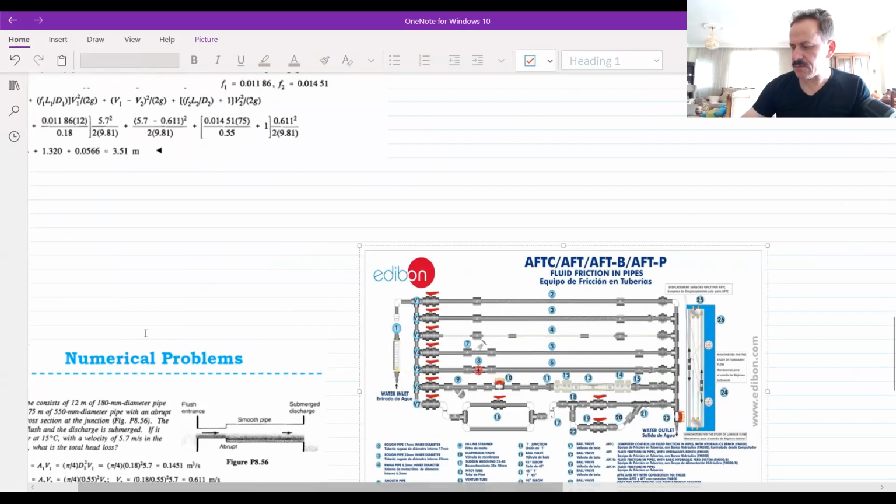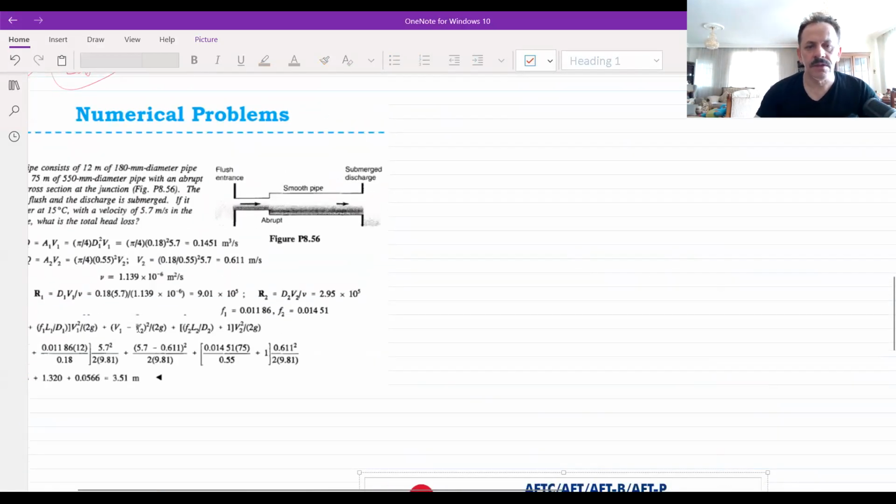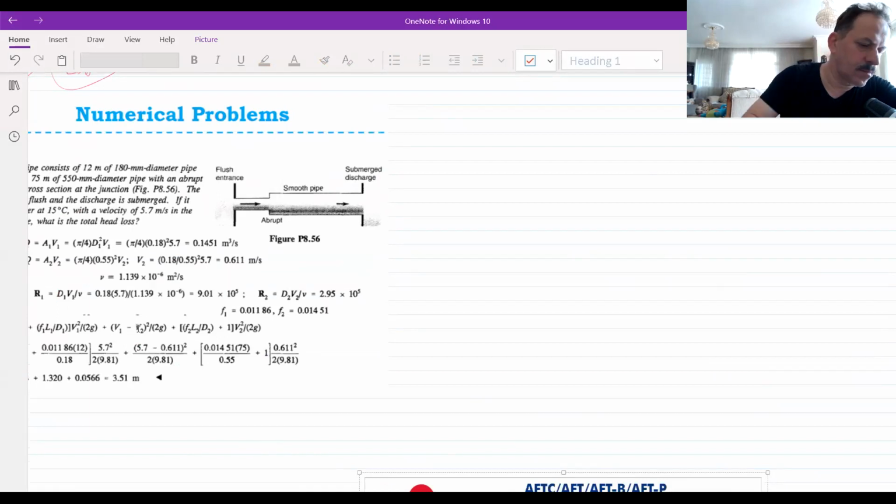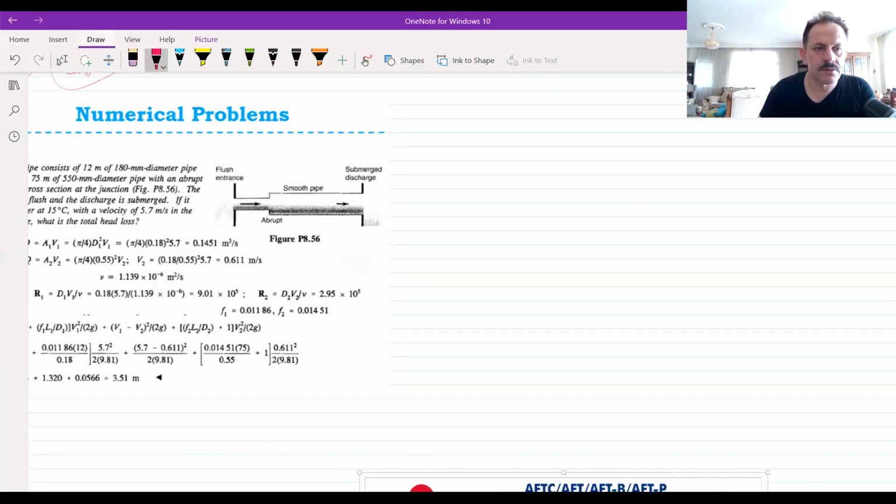In general, we have two types of head losses, main head loss and minor head losses.